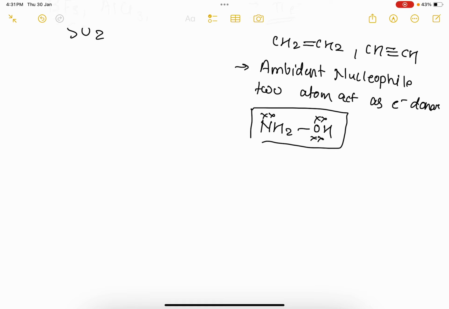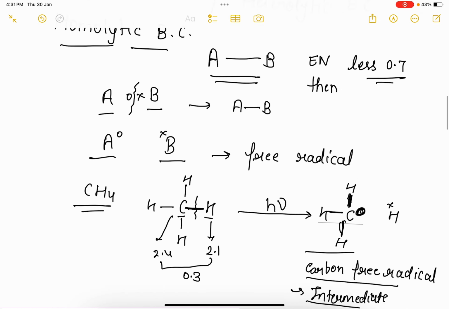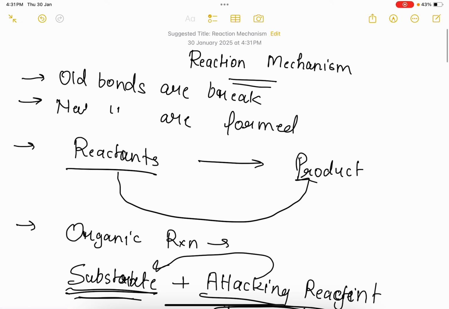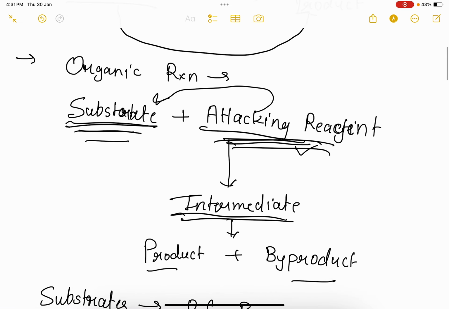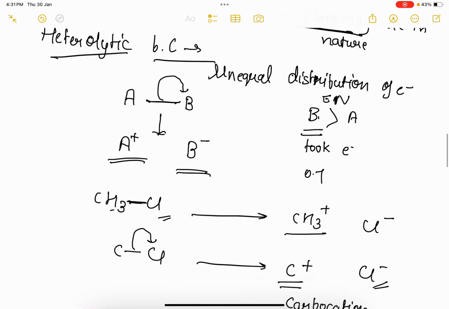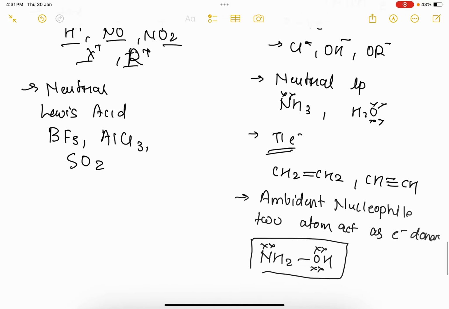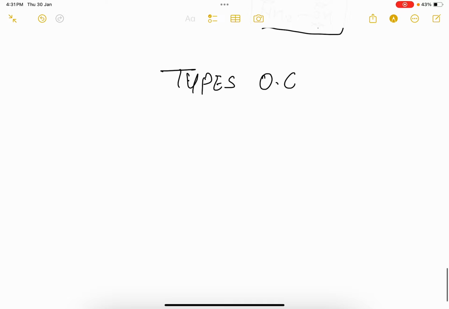This is the first part of reaction mechanism, in which we only study substrate and attacking reagent and a little bit about intermediate. After that we have to discuss the types of organic chemical reactions, but we will discuss it in another video.